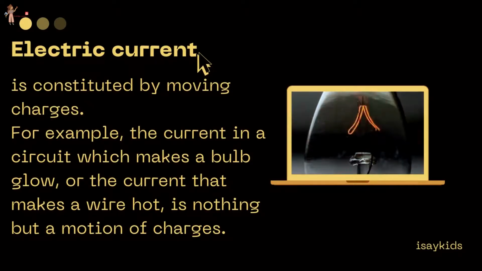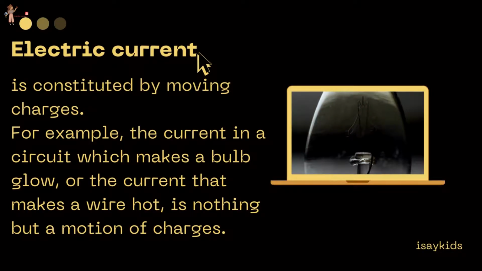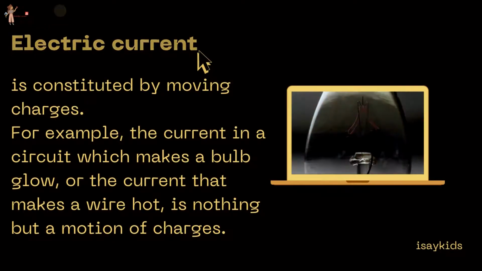When charges move, they constitute an electric current. For example, the current in a circuit which makes a bulb glow, or the current that makes a wire hot, is nothing but a motion of charges.